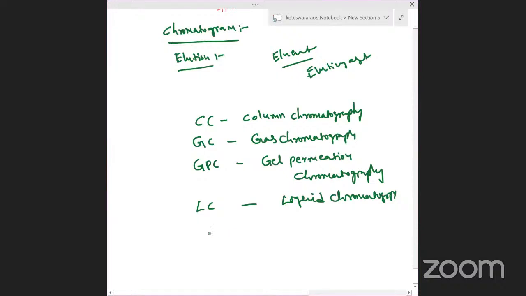And GLC is also used. What is GLC? Gas liquid chromatography.